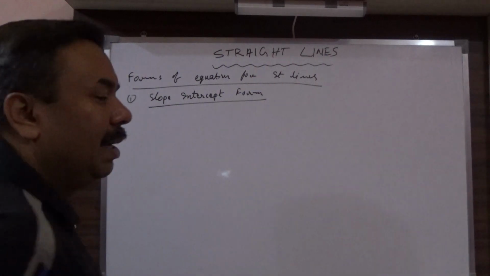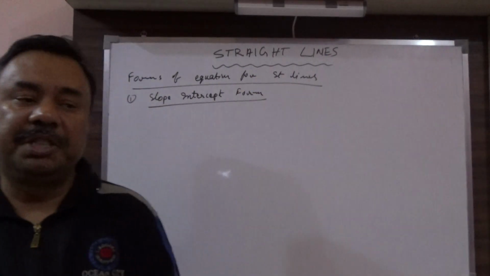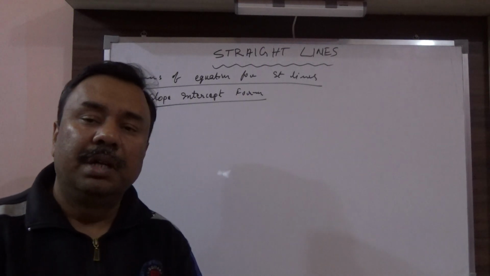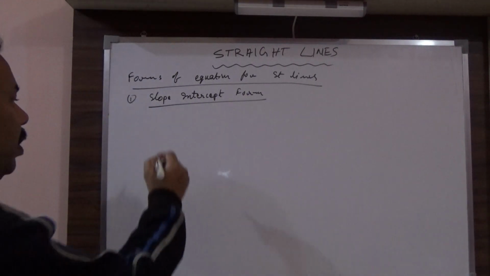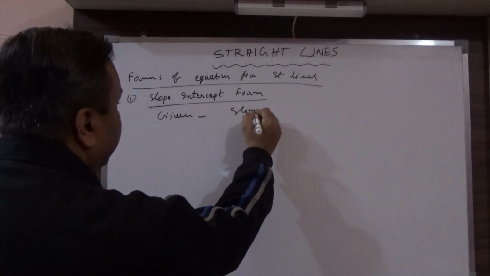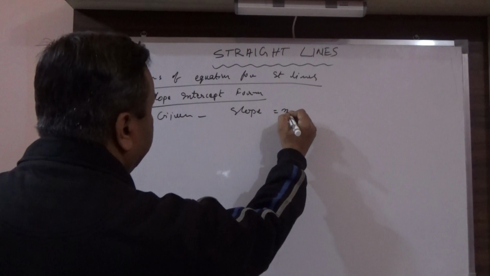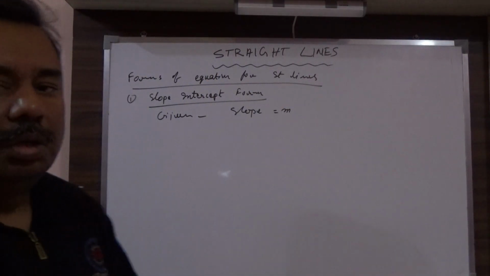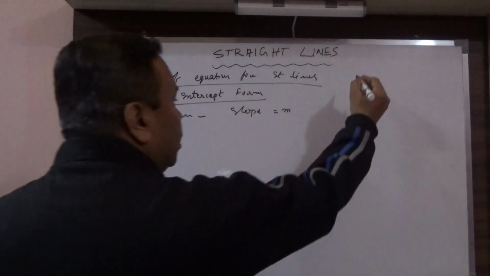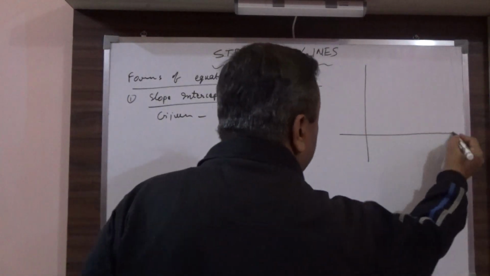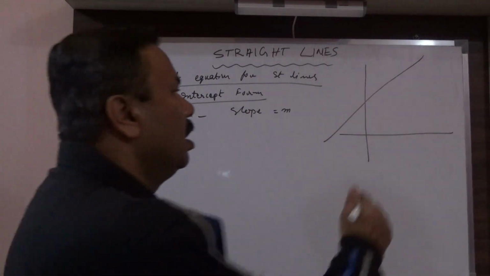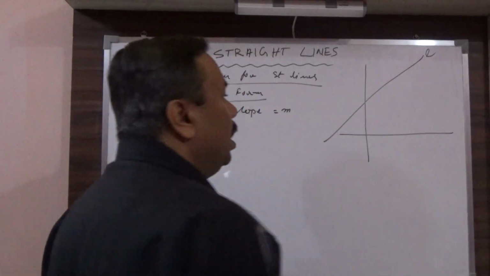As the name suggests, the first information given to you will be the slope of the line, which will be represented as m. And what is m? Suppose this is my line L, and I have to find the equation of this line.